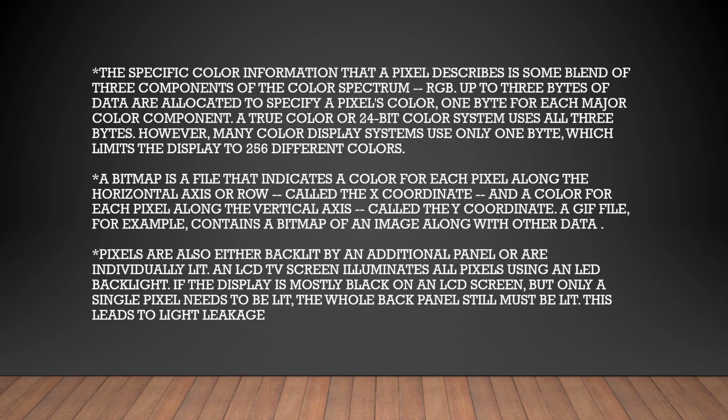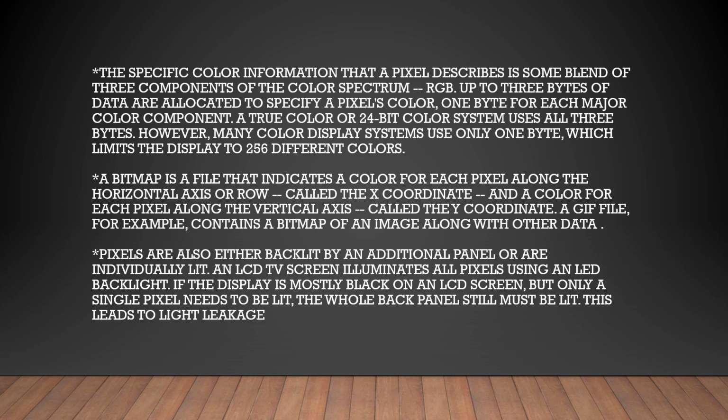The specific color information that a pixel describes is some blend of the three components of the color spectrum, which is the RGB. Up to 3 bytes of data are allocated to specify a pixel color, 1 byte for each major color component. A true color or 24-bit color system uses all 3 bytes. However, many color display systems use only 1 byte, which limits the display to 256 different colors.